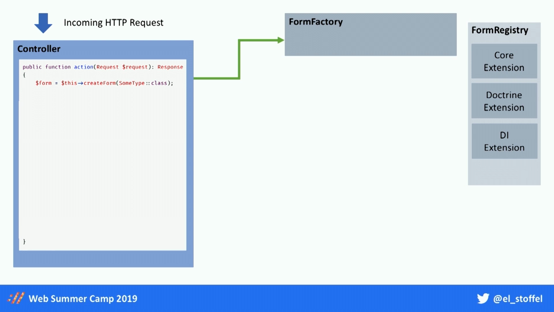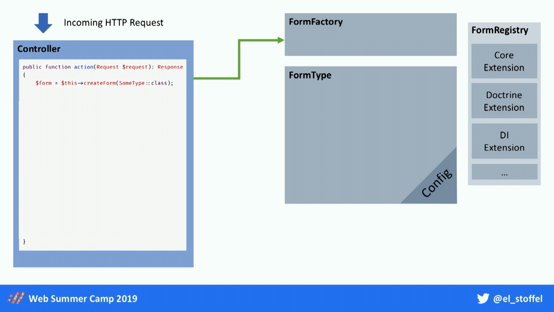So there is the autowiring and the autoconfiguration feature, and every form type will get a tag that marks that form type for the dependency injection extension. So every time we require such a type, the DI extension will give it, and there are a couple of other extensions. So the form factory is able to get the type we are requiring by using the registry.